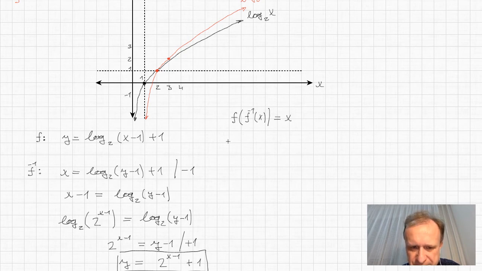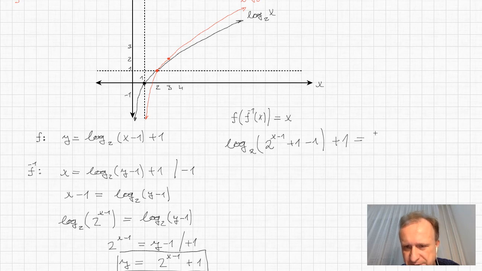So let me do it. So it should be the logarithm in base 2 of, now instead of x I should have the inverse, 2 to the power of x minus 1 plus 1, then minus 1, and all plus 1. And I should be able to show that this is equal to x.